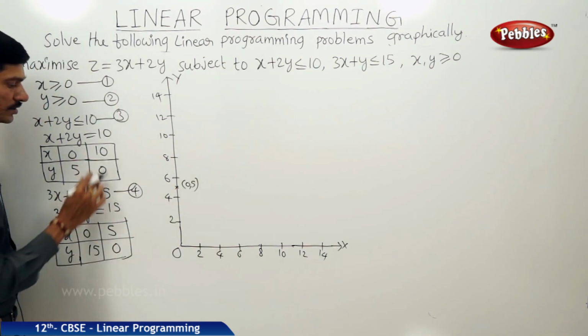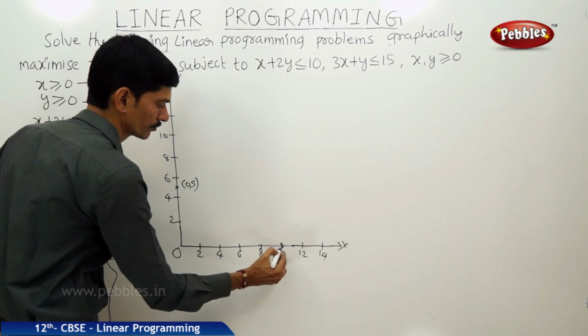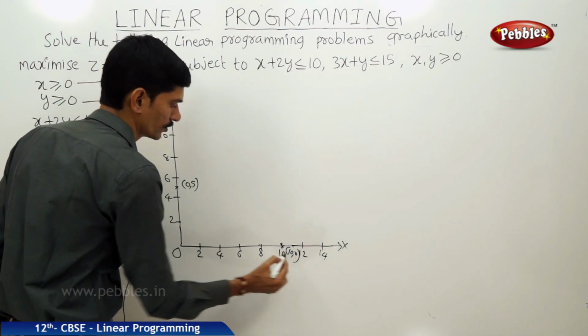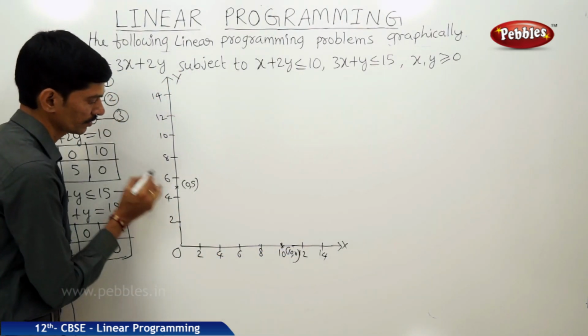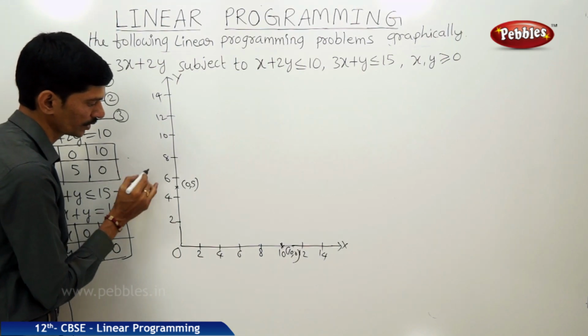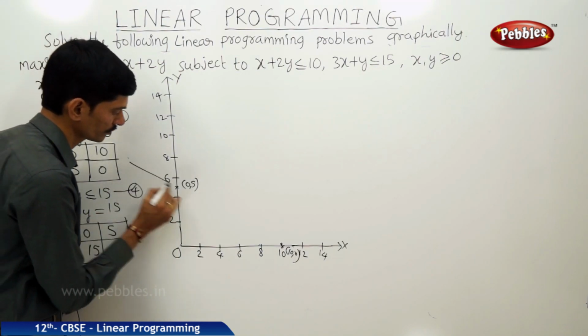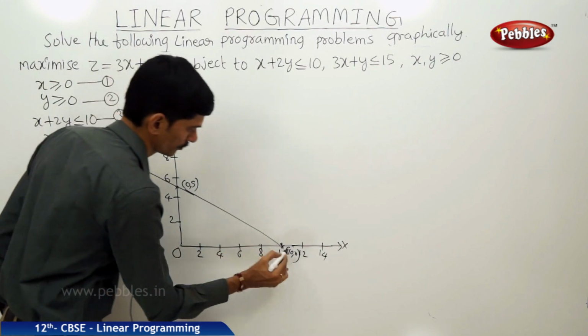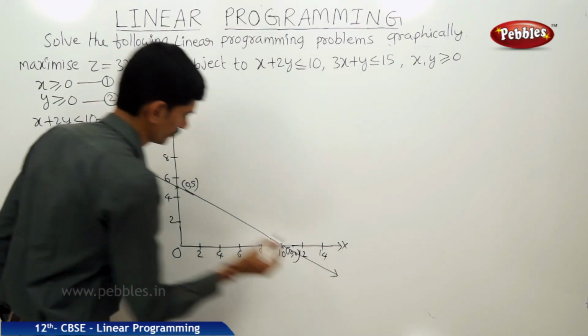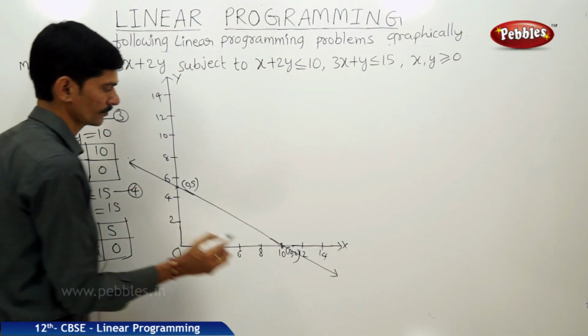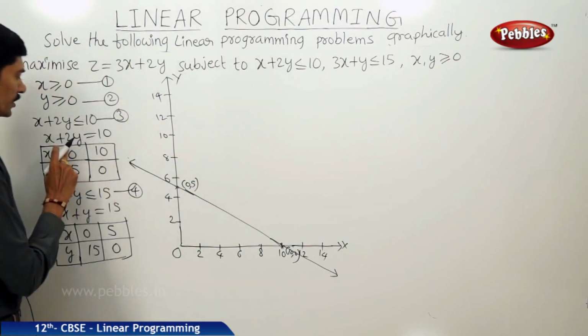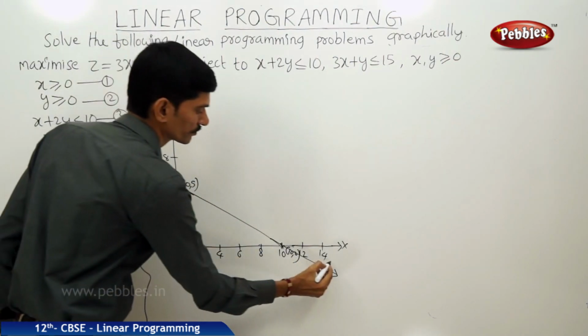And the second point is 10, 0. It lies on the x-axis. Now let us draw the straight line joining these 2 points. So this is x plus 2y equal to 10.